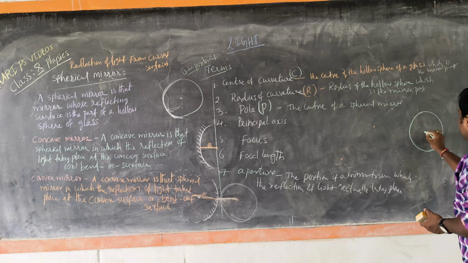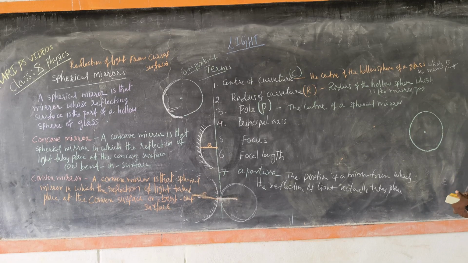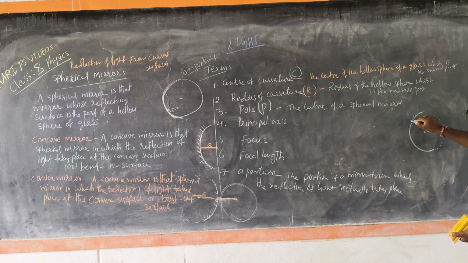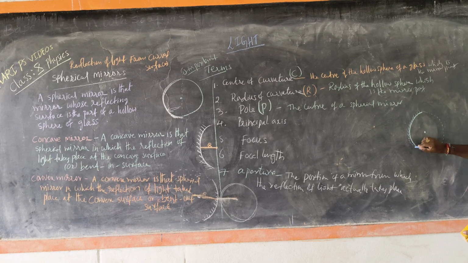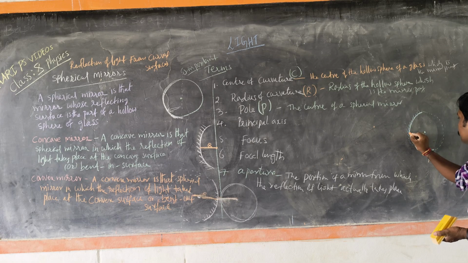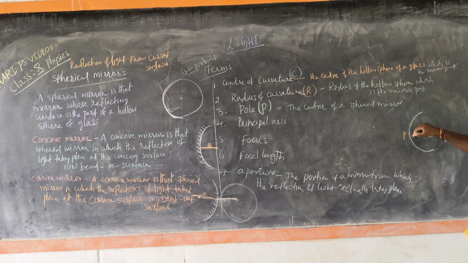This is the center, right? If it is the concave surface, this is the center of curvature, and this is the pole. Pole means the center of the mirror.